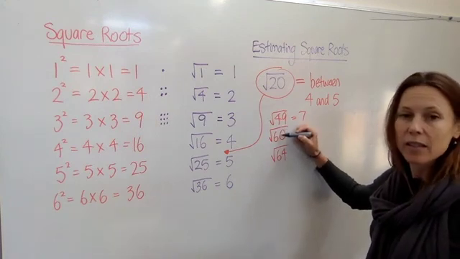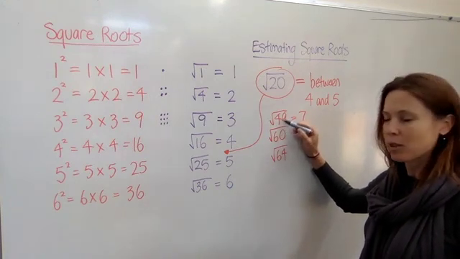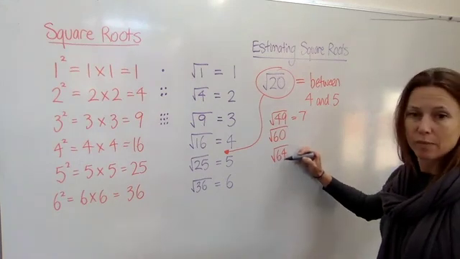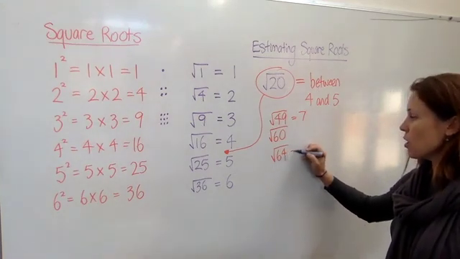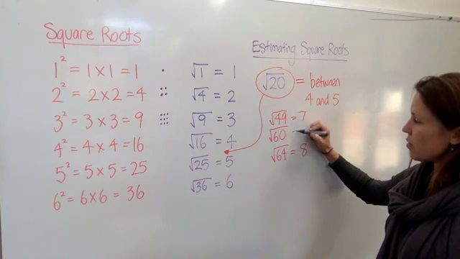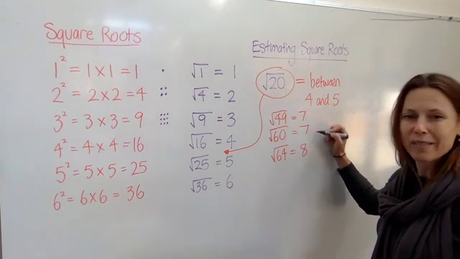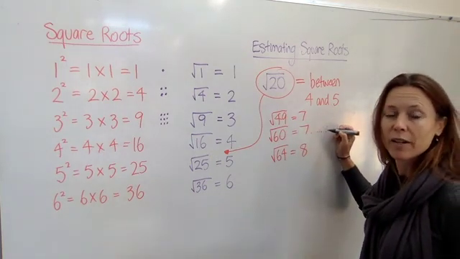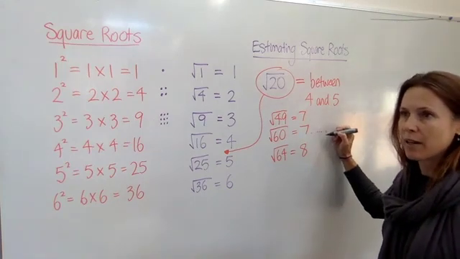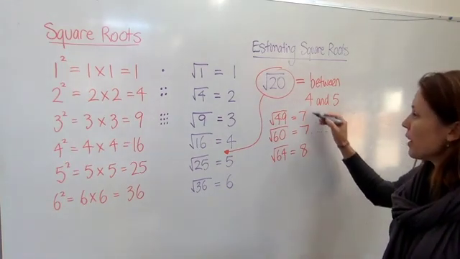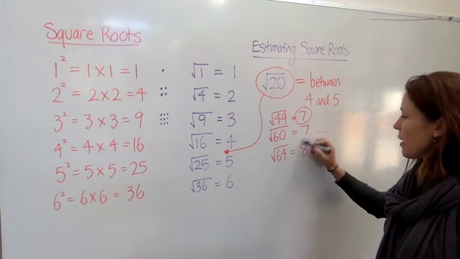Can you see how 60, the square root of 60 must be somewhere between the square root of 49 and the square root of 64, which we know is 8. So that tells me that this is going to be 7 point something. I'm not quite sure what, but this module just asks you to estimate which whole numbers this would fall between. And it's going to be between 7 and 8.